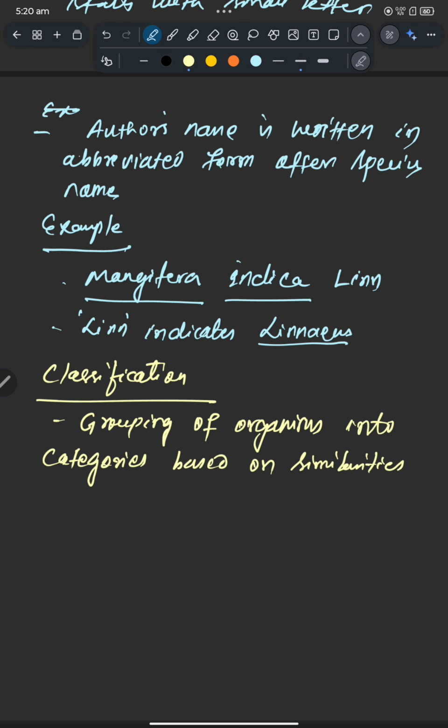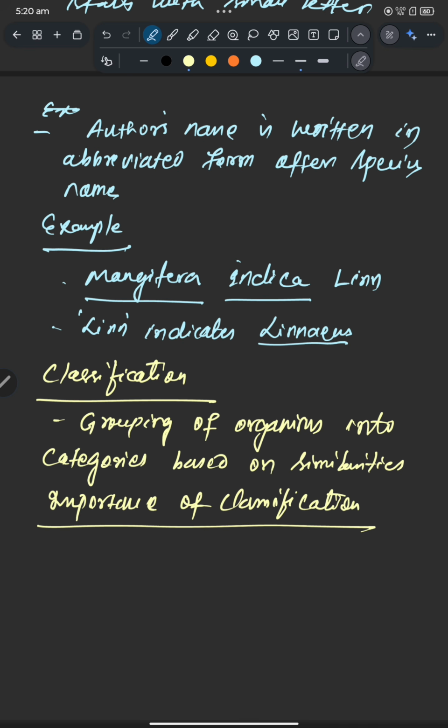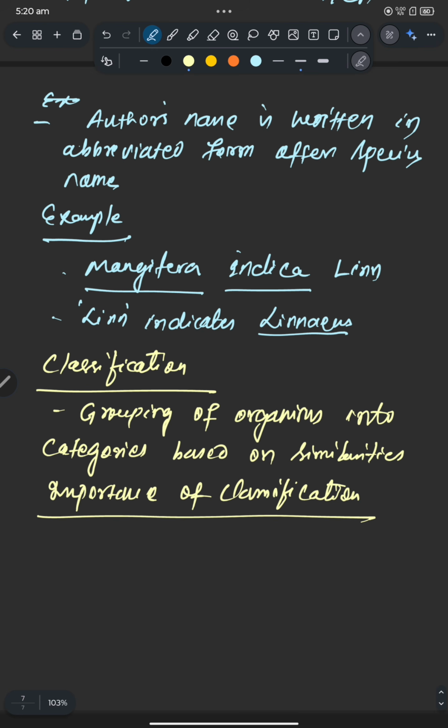Now, why is this classification important? Importance of classification. This also comes as an important question, so please don't forget to write this one.